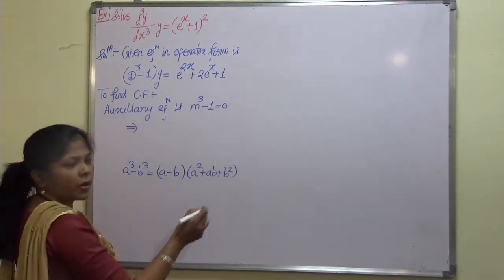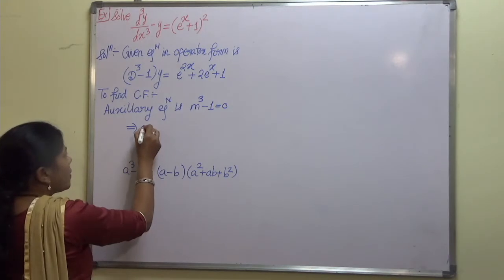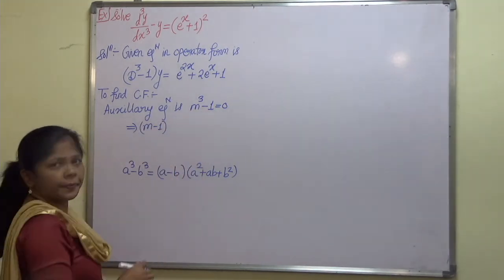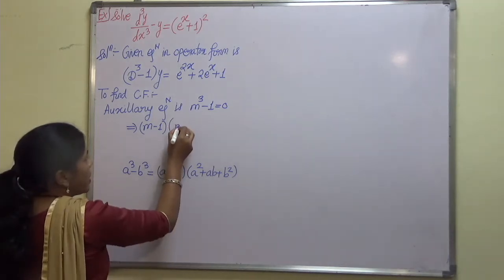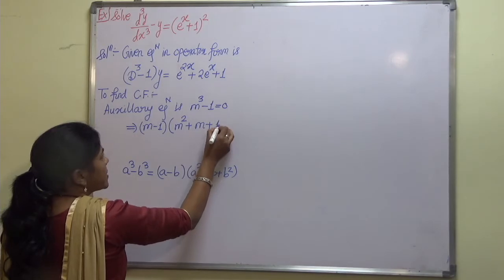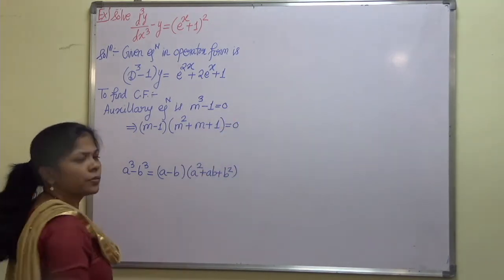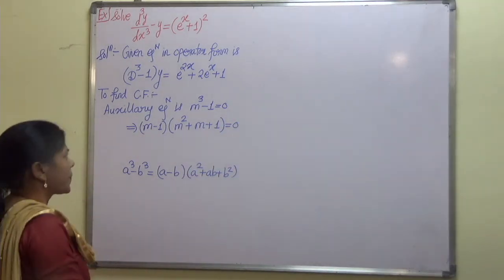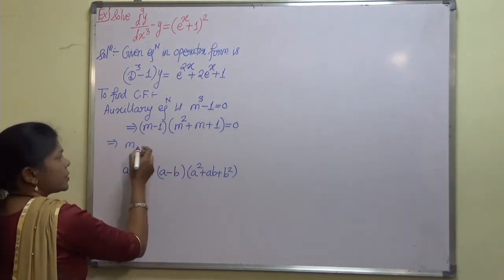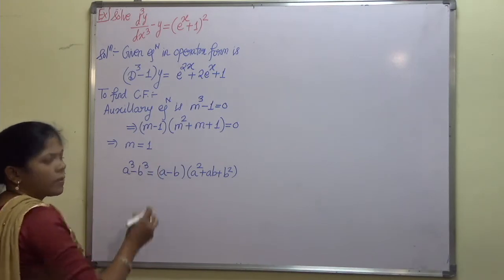Just apply this formula. So what we will have? (m − 1)(m² + m·1 + 1²) = 0. So this implies m − 1 = 0, so m = 1.